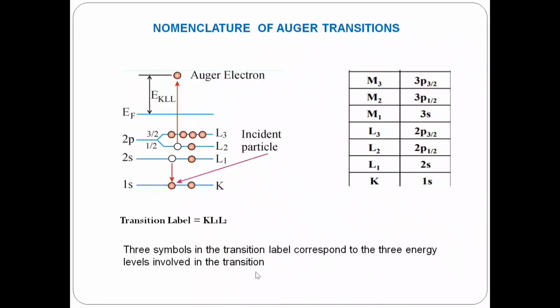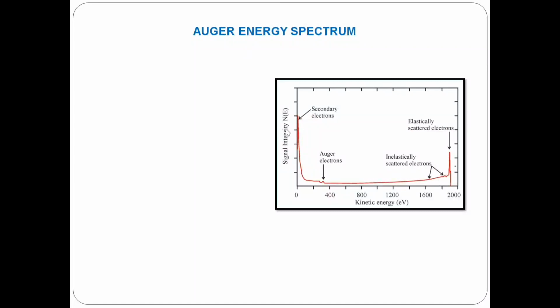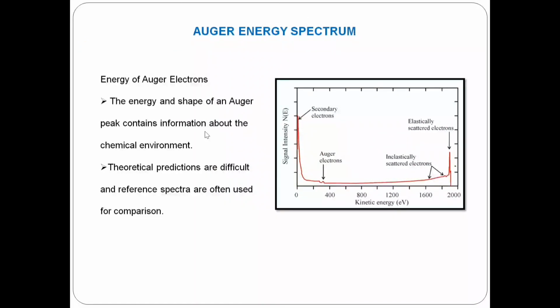Here is the Auger energy spectrum, which is plotted between the signal intensity N(E) and the kinetic energy in electron volts. This spectrum gives the energy and shape of Auger peaks, which contain information about the chemical environment.